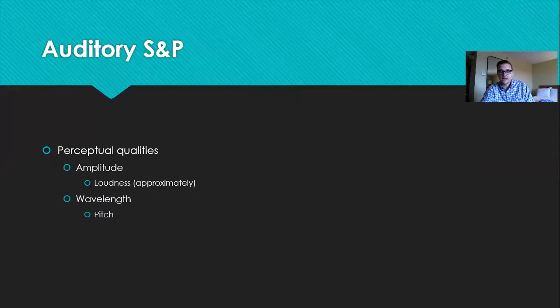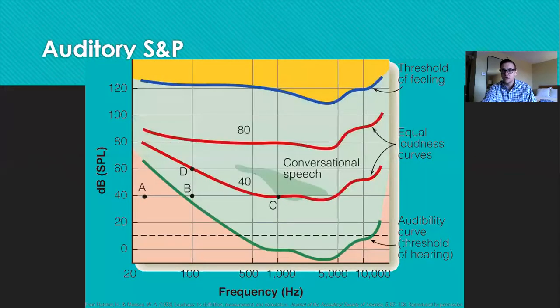Now, I say that amplitude is approximately associated with loudness because we have this really cool perceptual feature where we don't hear all frequencies as being equally loud. This green line here is what we call the audibility curve. Anything below this, we flat out can't hear. So we can't hear a 100 hertz sound at 20 decibels.